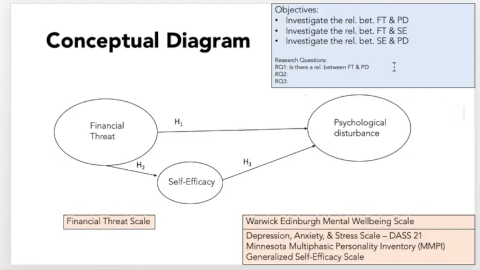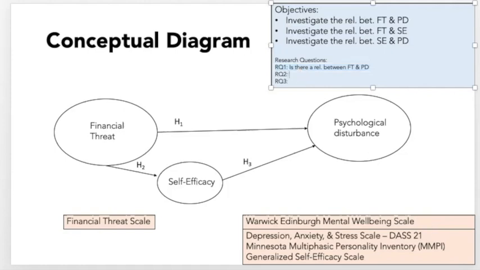What are your research questions? I would tell them, well, my research question 1 is: is there a relationship between financial threat and psychological disturbance? This research question has resulted from my first objective. To find that out, I had to have a question. So that is my question.